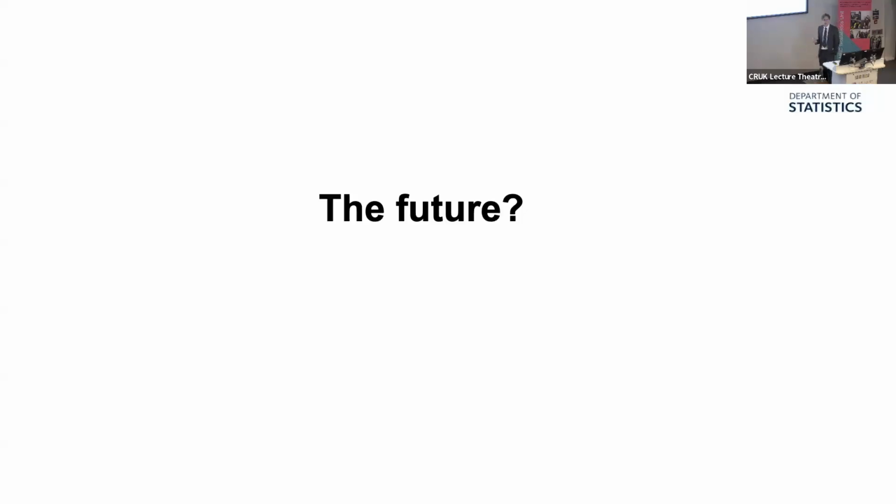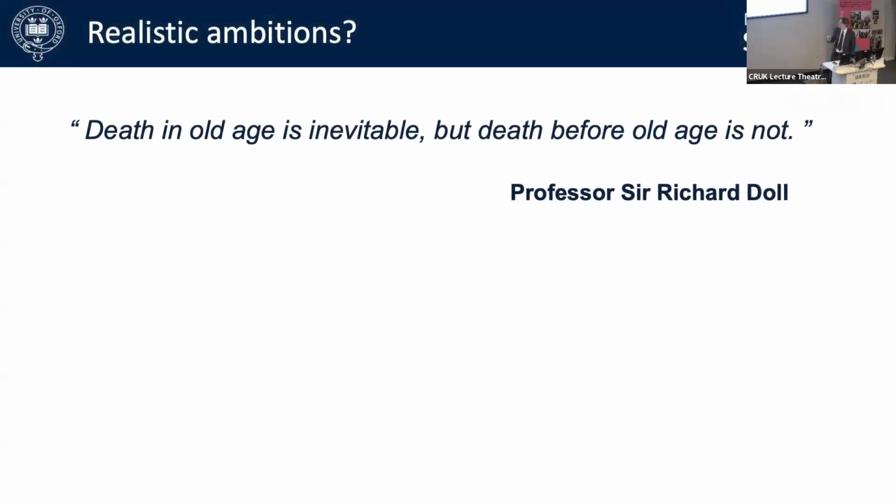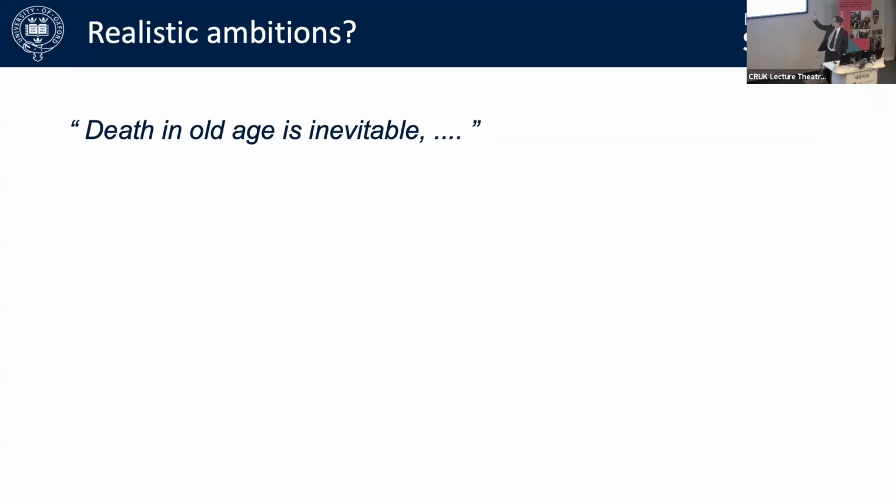Just to finish off, I'd like to turn to some words by Professor Armitage's co-author, Professor Richard Doll, who said that death in old age is inevitable, but death before old age is not. Based on what I can see here, I certainly agree with the first part, that death in old age is inevitable, and hopefully death before old age is also avoidable.